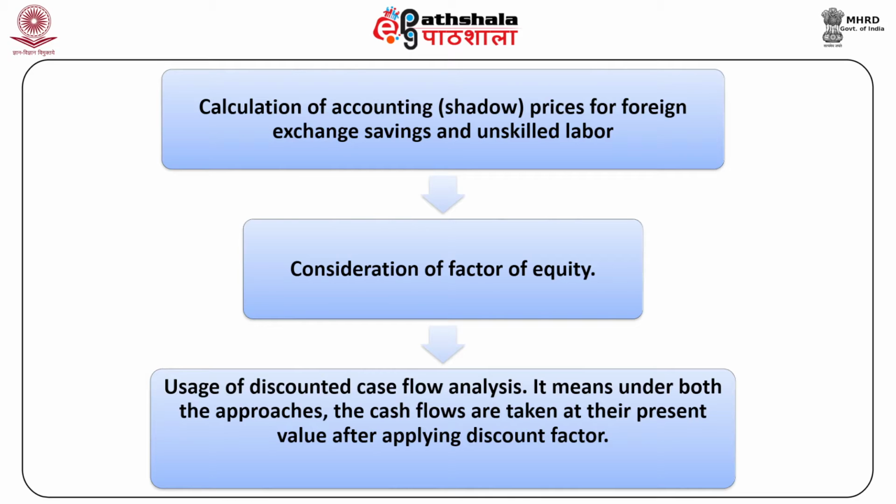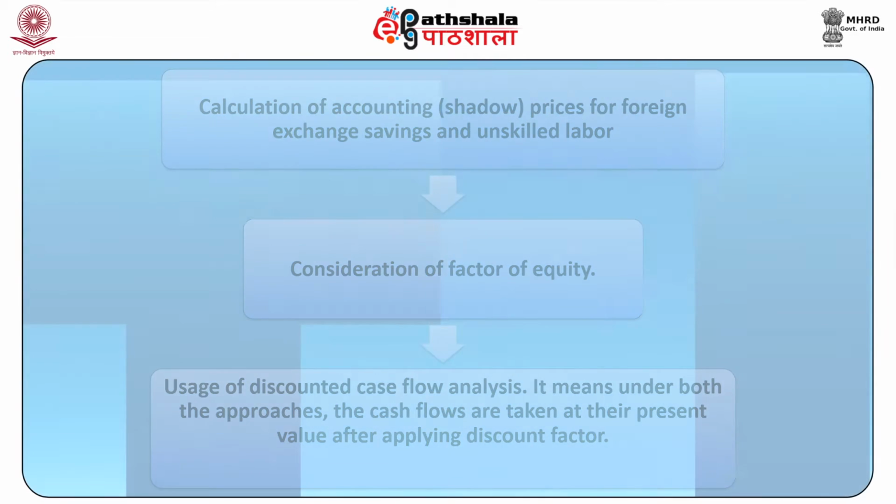Second, consideration of the factor of equity. Third, usage of discounted cash flow analysis. It means under both the approaches, the cash flows are taken at their present value after applying a discount factor.